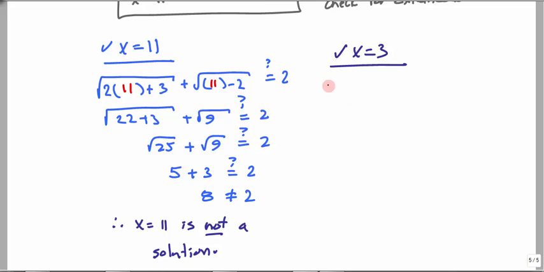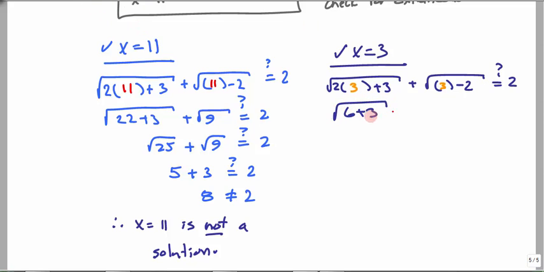Okay, let's check over here, and remember, same thing holds. Wherever I have that x value, I'm going to go ahead and plug in a 3 this time. So 2 times 3 is 6. 3 minus 2 is 1. 6 plus 3 is 9.